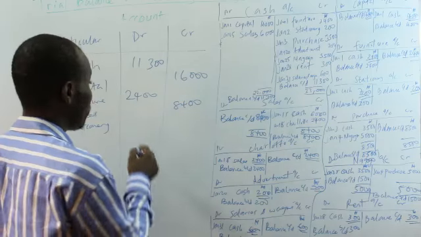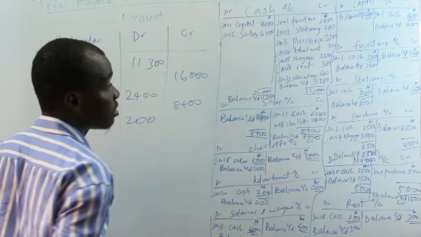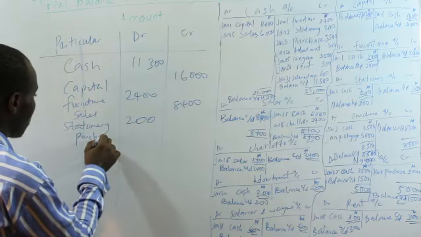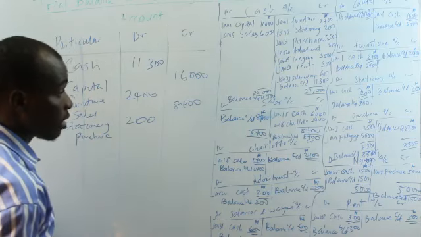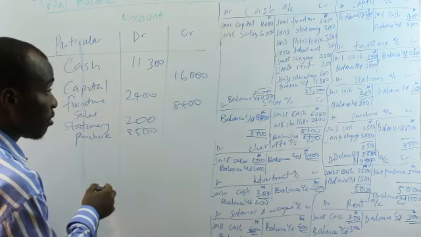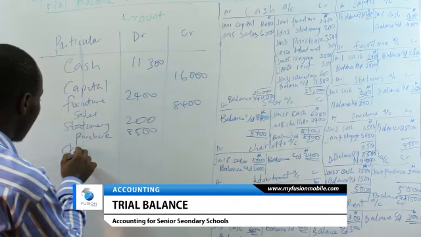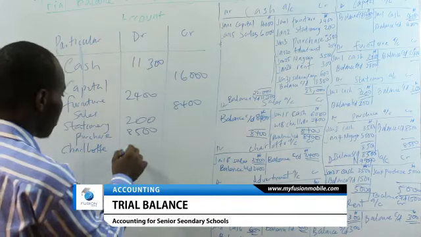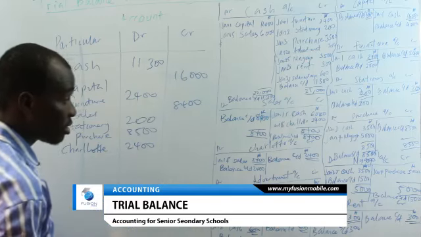That gives us 200 having a debit balance. So we have purchases. So that will be 8,500 having a debit balance. So we have carriage, that's the debit balance 1,400.